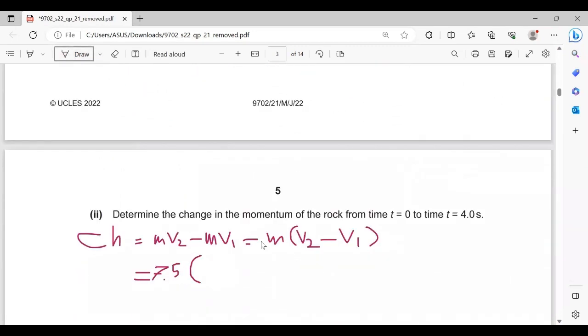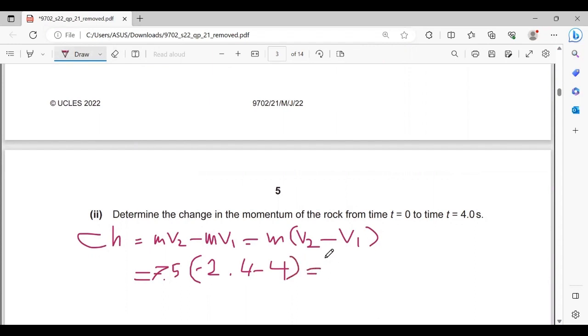Now, 7.5 multiplied by (v2 minus v1), v2 is negative 2.4 and v1 is 4.